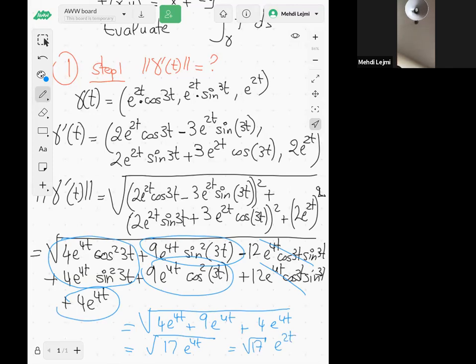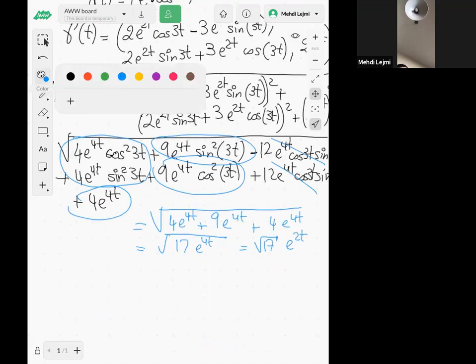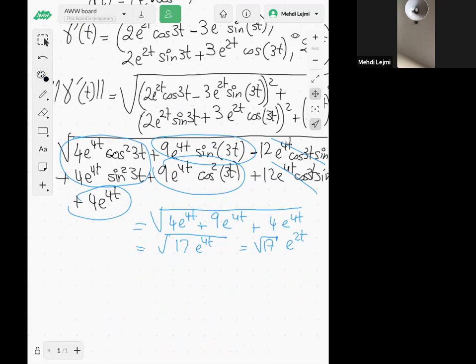All right, and then you have to find your function f. So f of x(t), y(t), z(t) is exponential of 2t over the square root of x squared plus y squared, which is exponential of 4t, so f would be 1 over exponential of 2t.